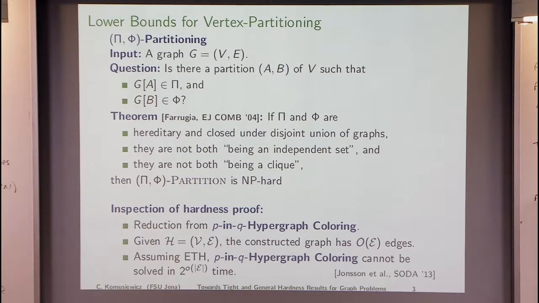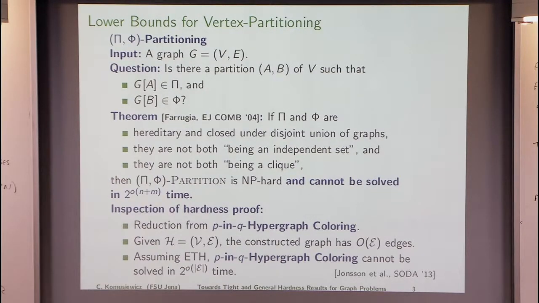So just by looking at this, we immediately got this extension, or Farrugia got this without knowing it, that you cannot solve these problems in 2 to the little o of n plus m time. Okay? So this was very nice, but also a bit frustrating because there's nothing we had to do actually.